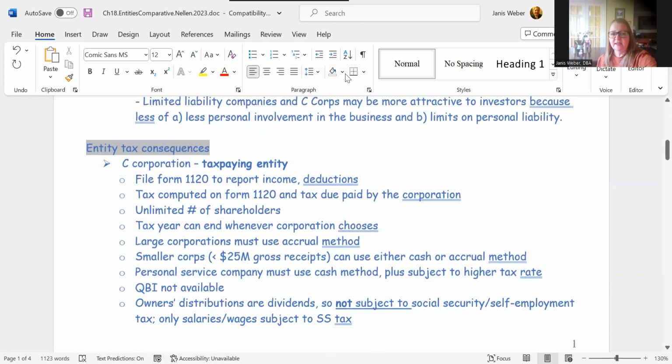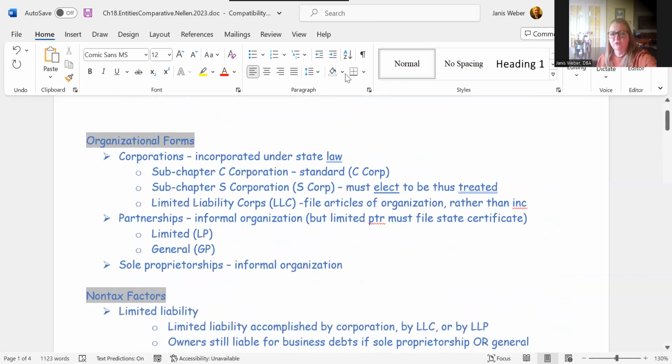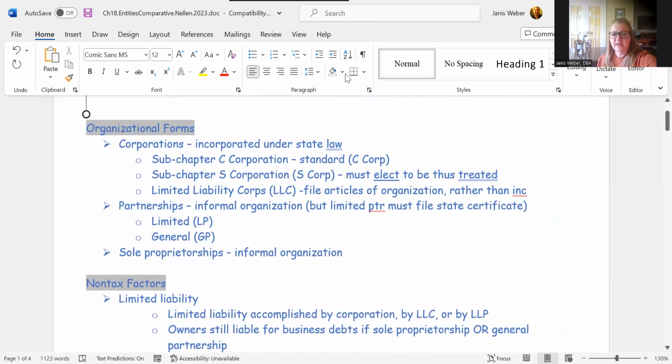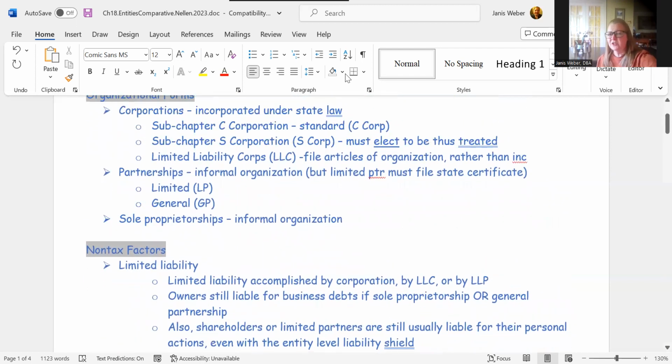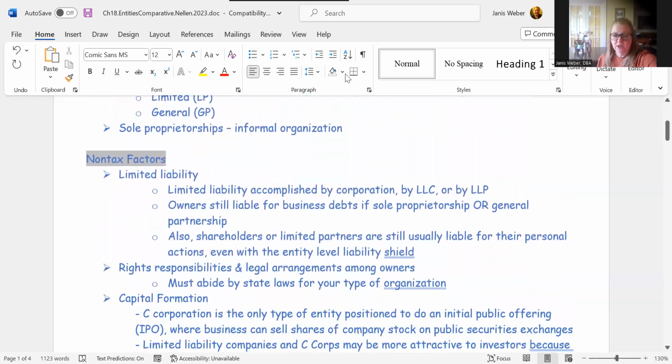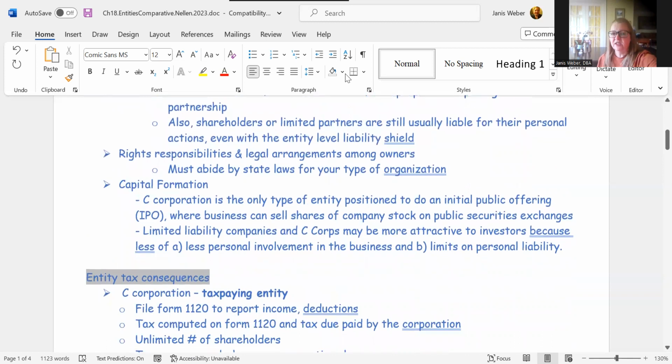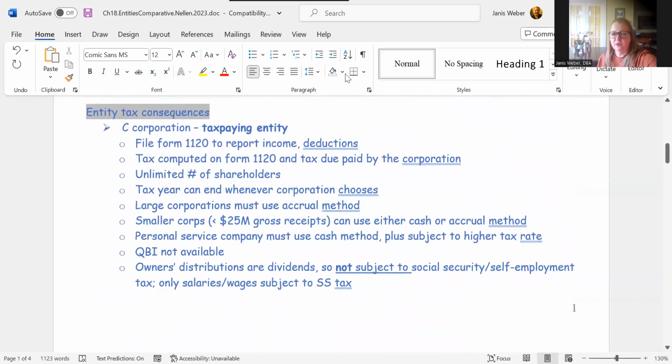Okay, and now these are general differences between the entities, and those are pretty much the same that you would learn if you were in a business law class and they were talking about the different entities, because that's what it is. That's not specific to tax, but it is pertinent to us.